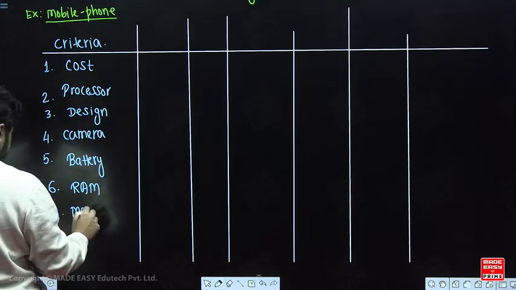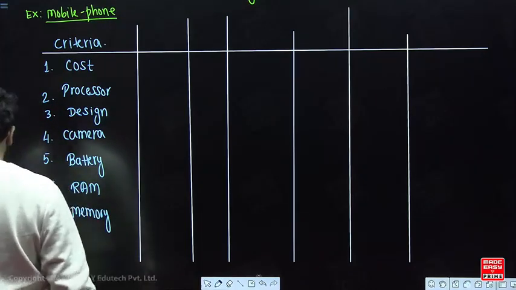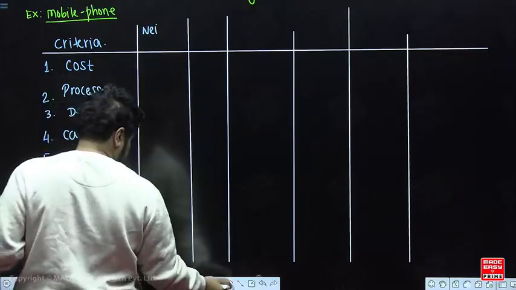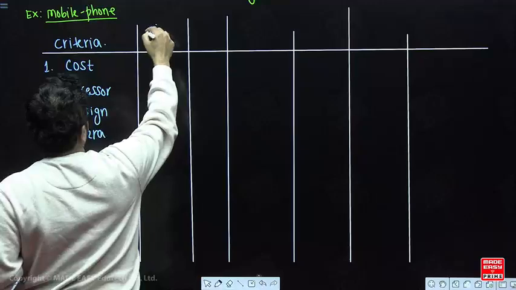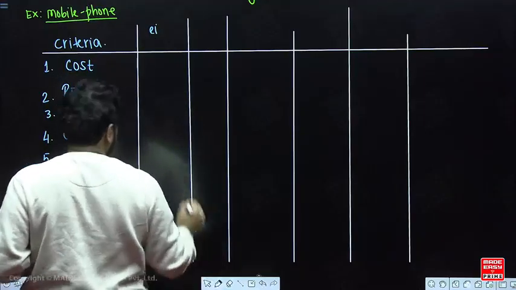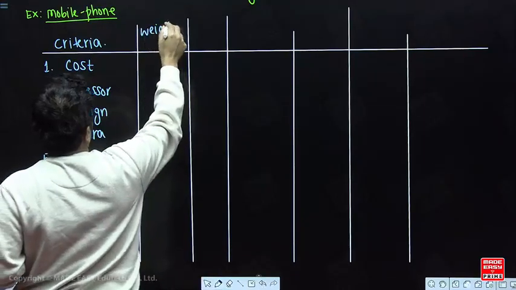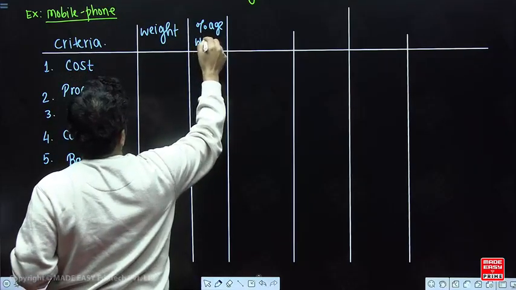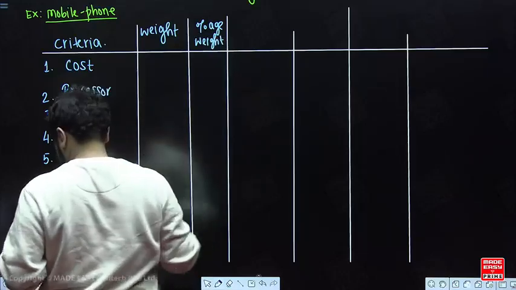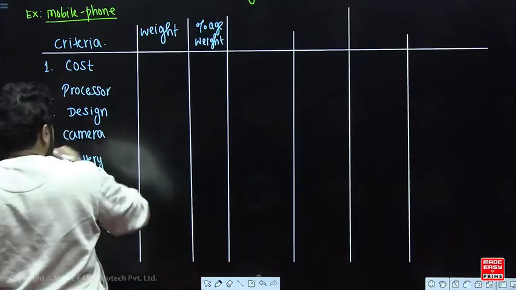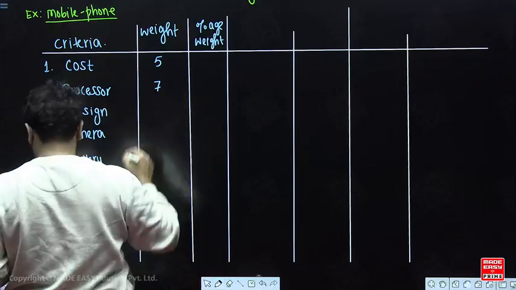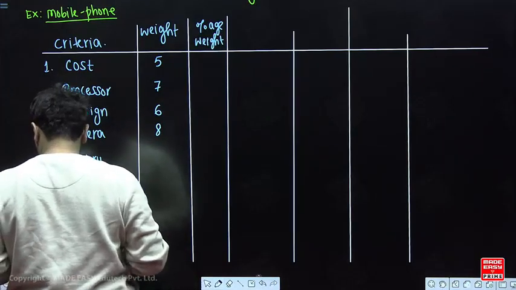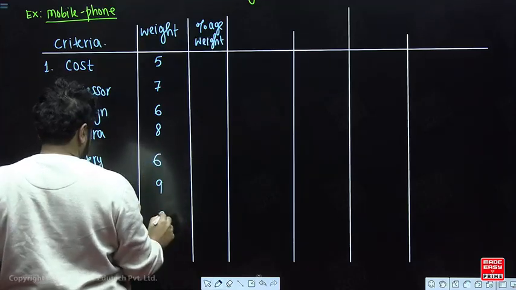Number 7, memory. Suppose this is the weight, the percentage weight. So this is 5, 7, 6, 8, 6, 9. This is the weight that has been assigned.